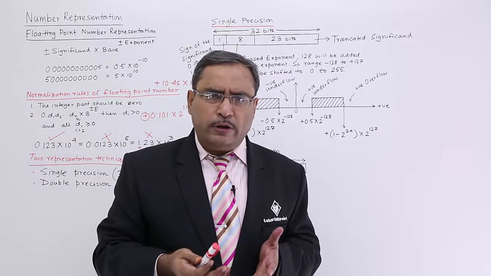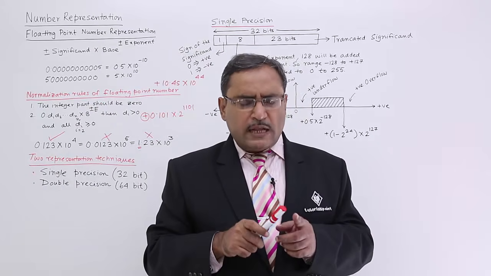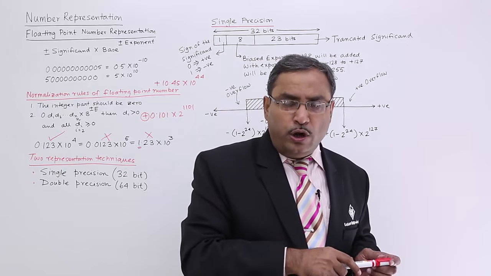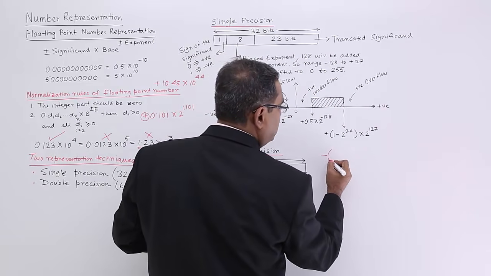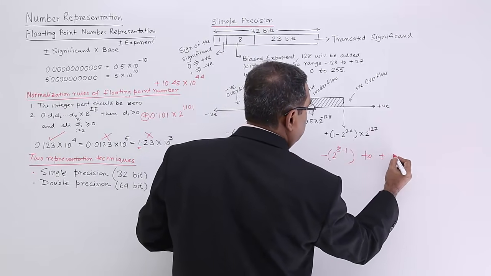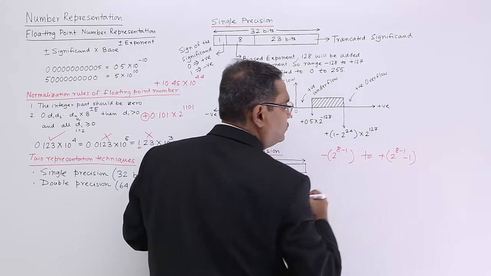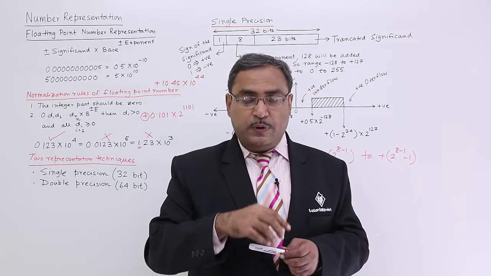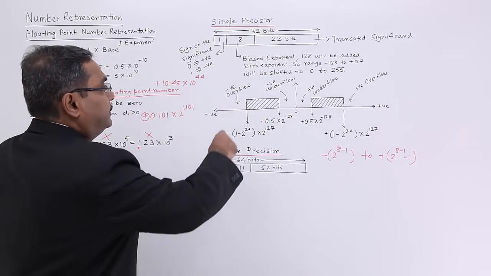What is the biasing? You know that an 8 bit number in case of signed representation can have a range from minus 128 to plus 127. Why? Because it is minus 2 to the power of 8 minus 1 to plus 2 to the power of 8 minus 1, minus 1. So, that is the total representation. If you want the details, please check the previous videos where we have discussed everything in detail. Now, this is a biased exponent.